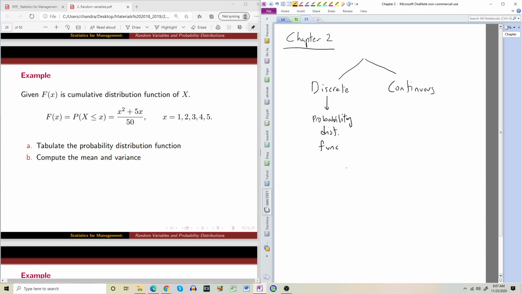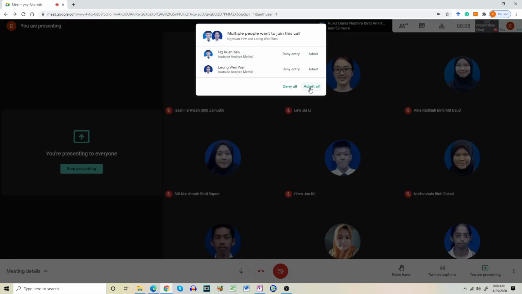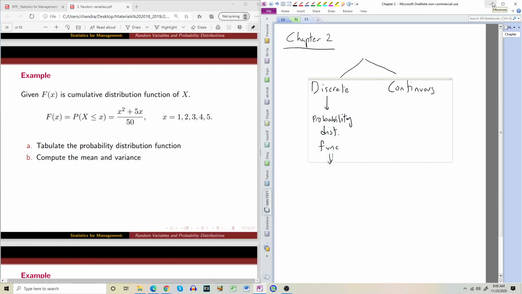If the question gives you a probability density function, and then we also went through cumulative distribution function, and after this we went through expected value, variance and standard deviation.